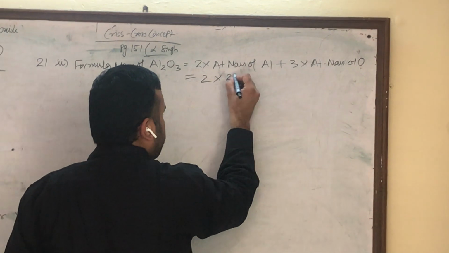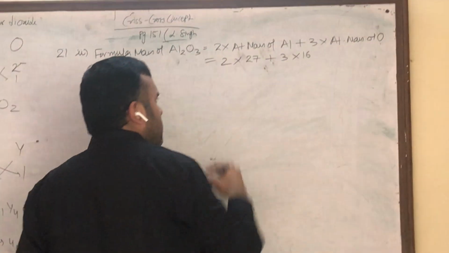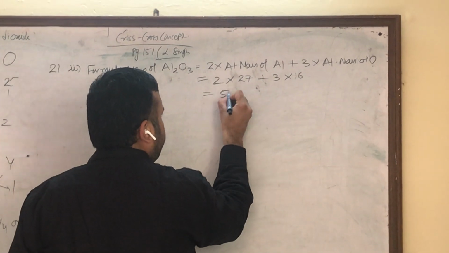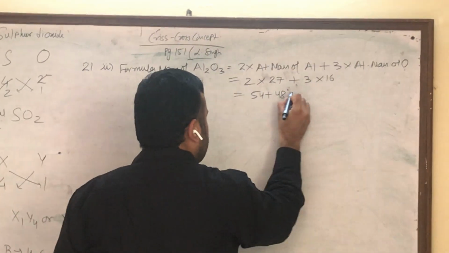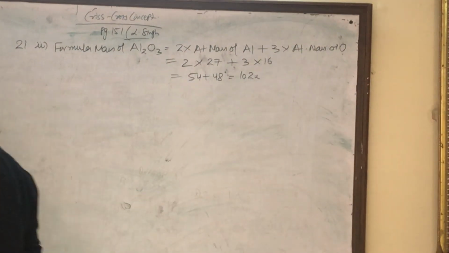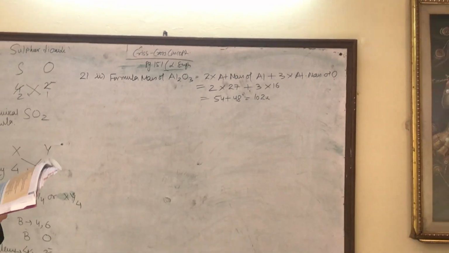Atomic mass of aluminium is 27, which is given to us. Aluminium is 27, oxygen is 16. 2 times 27 is 54 plus 48, 102 u. If you express this in grams, then it would be the gram formula mass, right?